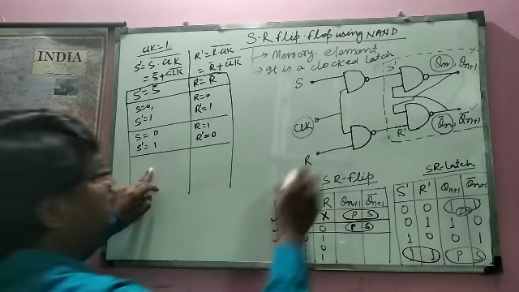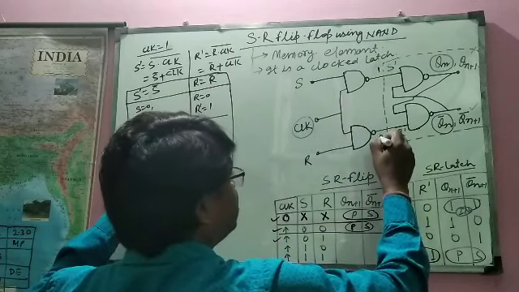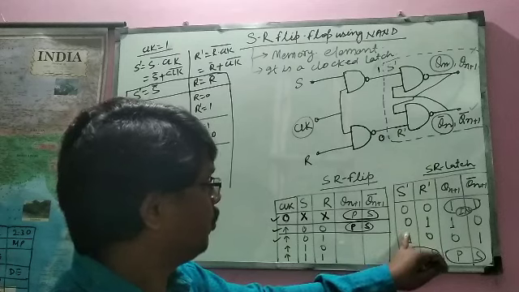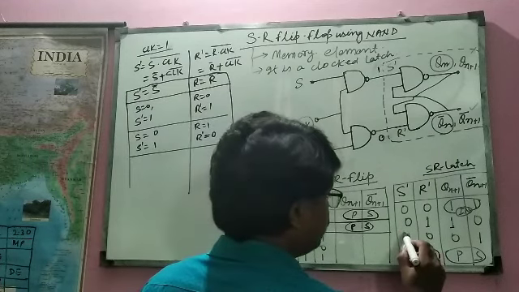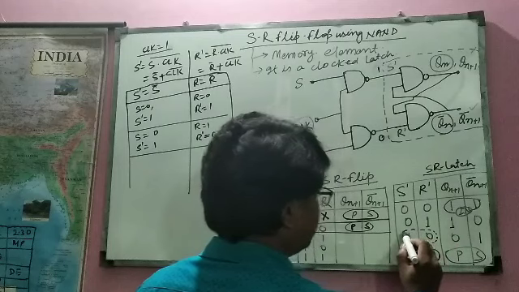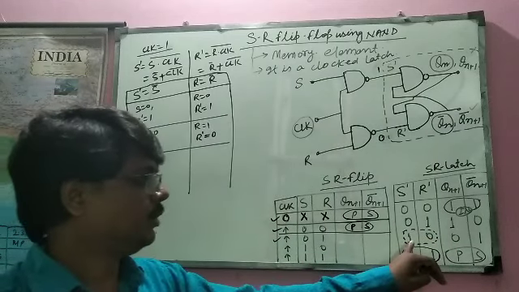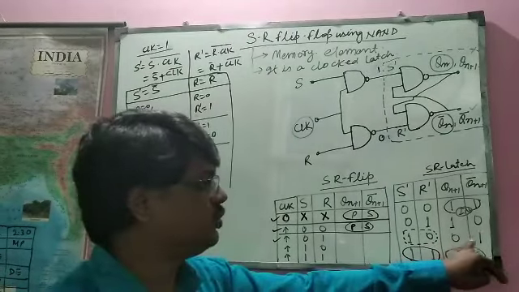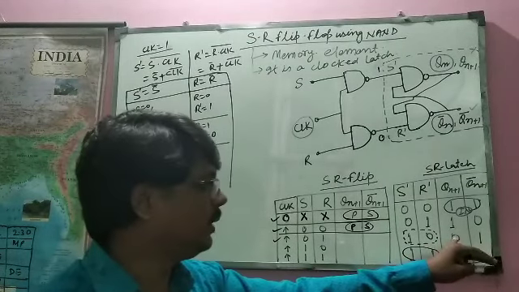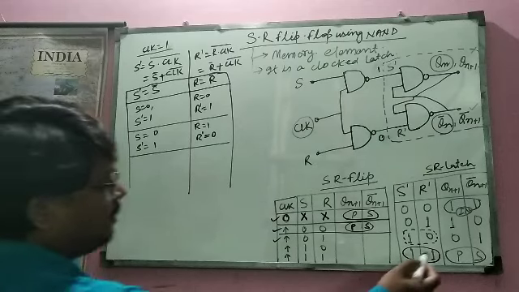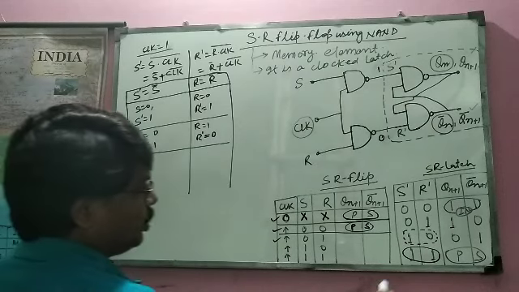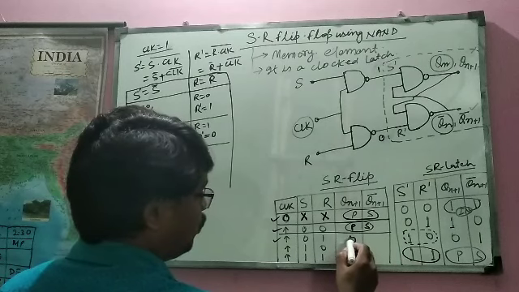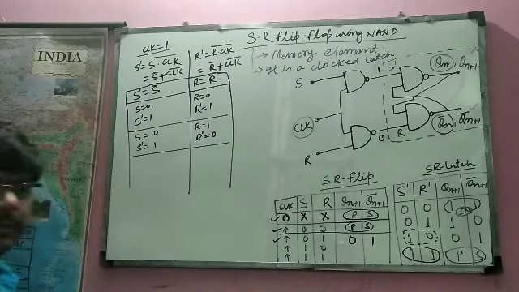So S dash is 1 and R dash is 0. So in this case Qn plus 1 is 0 and 1, we know. You can write it as 0 and 1. That is very simple.